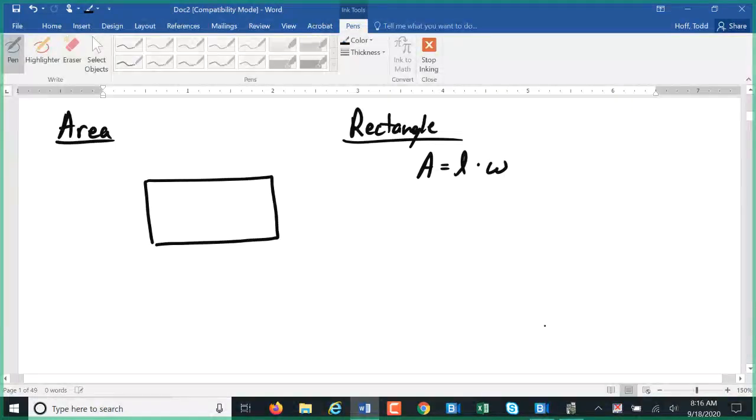Area of a rectangle is just length times width. Kind of used that already when we talked about our square units. So if this is 4 feet by 11 feet, that area, 11 feet is a length times 4 feet of a width, gives us 44 square feet.